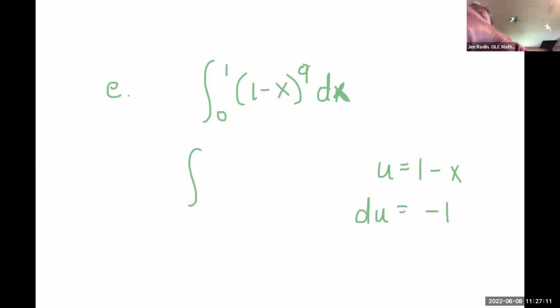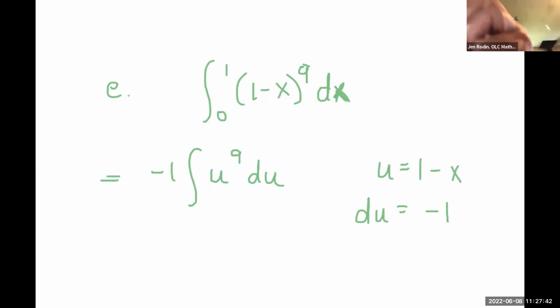Put u here to the 9th, so I replaced 1 minus x, and put du here. And now, since that was -1, that's going to turn my answer negative. It's not part of the problem, but it would throw it off. So I balance it by putting a -1 here, just like I do with the reciprocal. That really is like the reciprocal, 1 over -1. So that would be there.